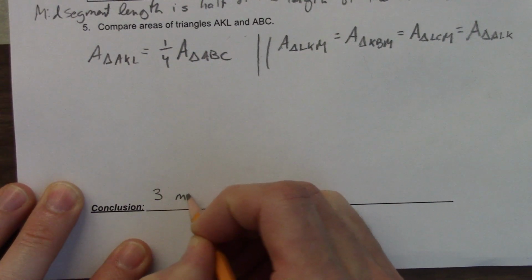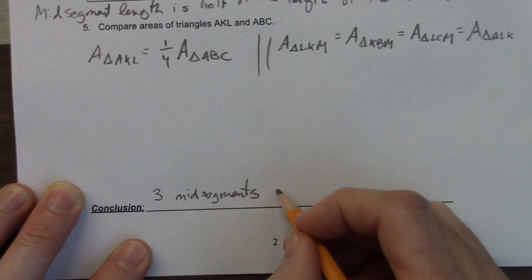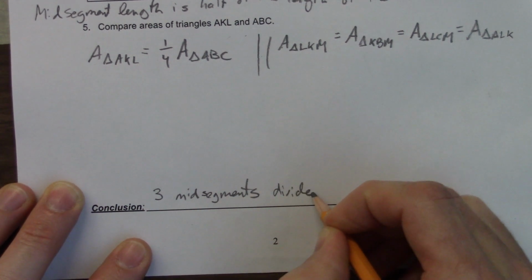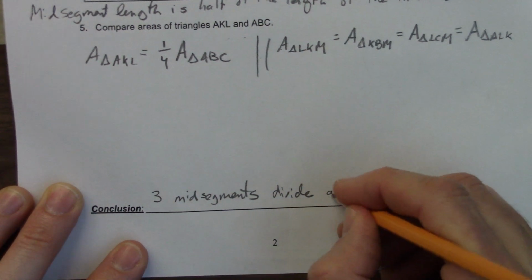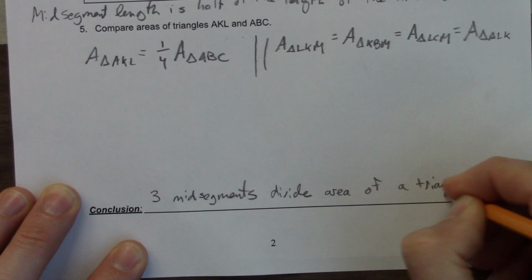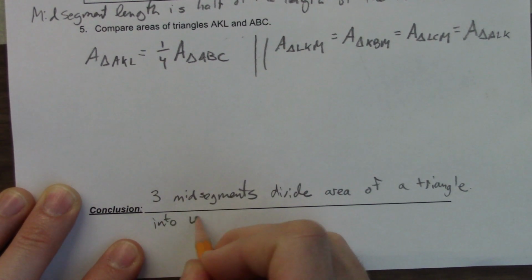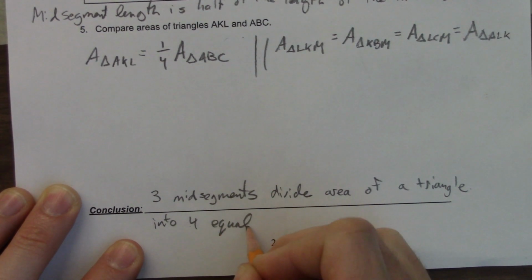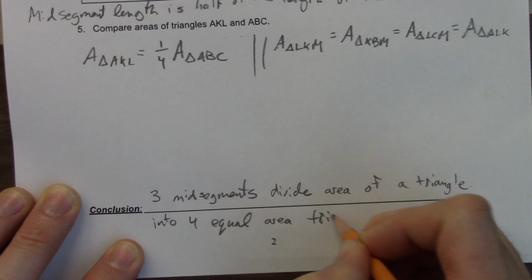Our final conclusion here is, with no time left, 3 mid-segments divide the area of a triangle into 4 equal area triangles.